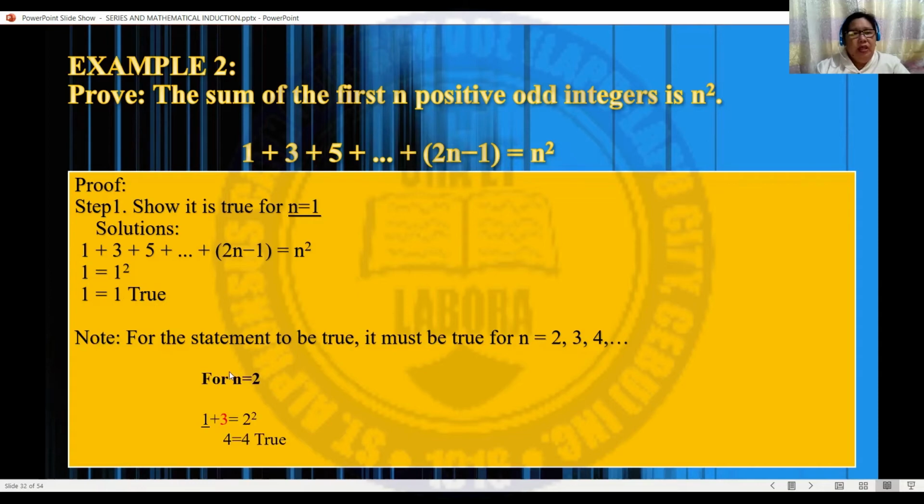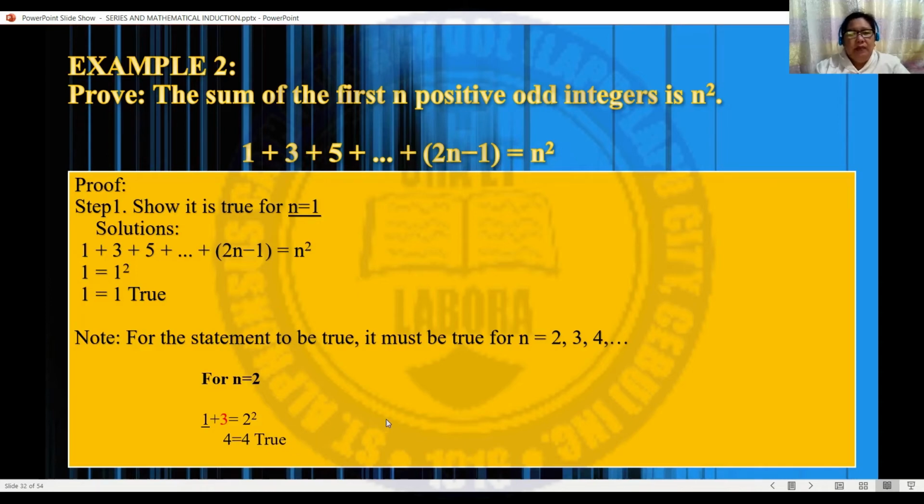So let us check. For n equal to 2, we have to use the first two terms now. 1 plus 3 is equal to, change n into 2, 2 squared. 1 plus 3 is equal to 4. So 4 is equal to 4. It is also true for n equal to 2.